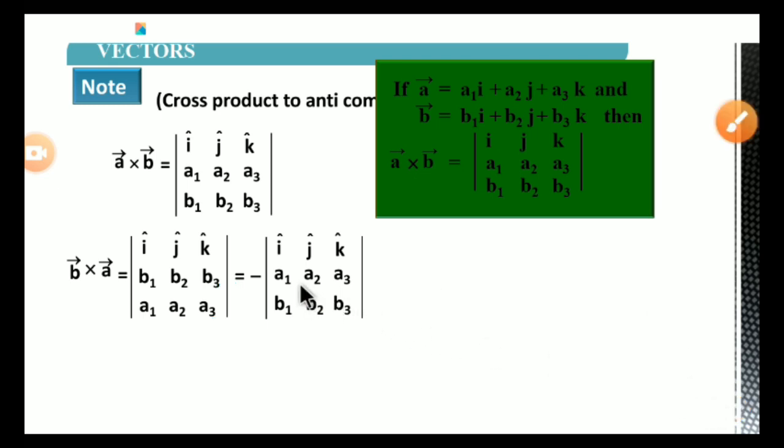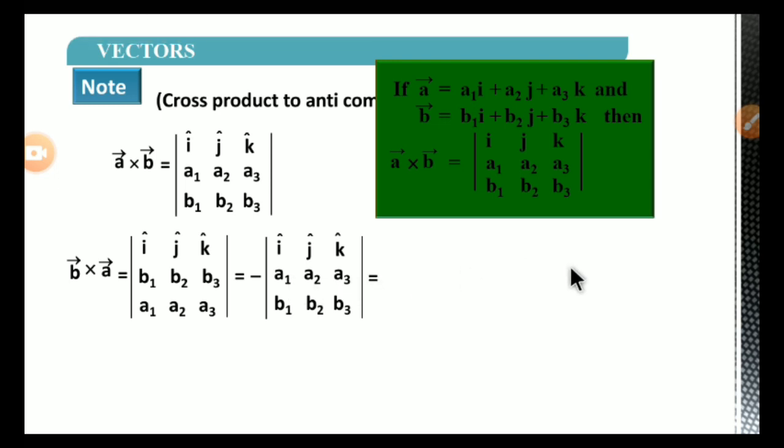Now the minus sign is multiplied to this whole determinant, where the second row has the components A1, A2, A3, which means we can write it as minus A cross B, right? By using the definition of cross product and this note, we can write it as minus into A cross B. Therefore, B cross A is always equal to minus A cross B. So this is the anti-commutative property of cross product.